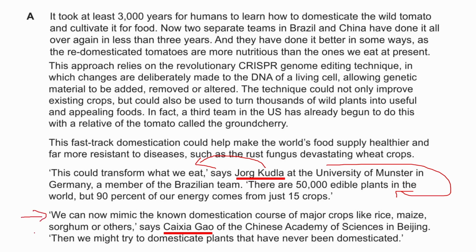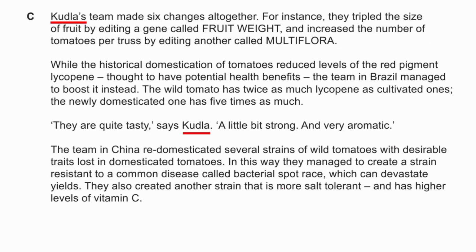Here we have the information about his name also before and after his name. Now in paragraph B, no names. Paragraph C, we have Kudla's name again. In line 1, the information about him is after that. And also Kudla in this line. And the information is exactly in this part.